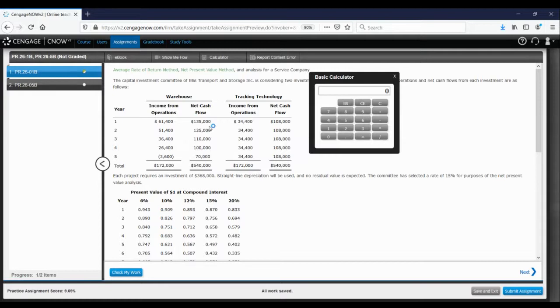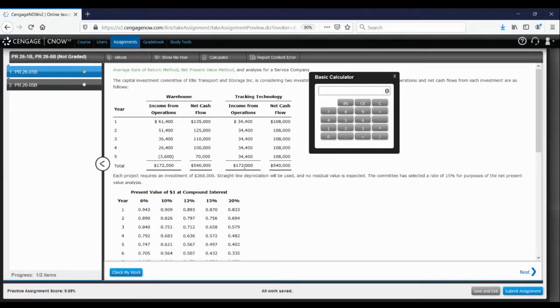So you're going to need to read your problem to see what the selected interest rate is going to be for the net present value analysis. The interest rate is 15%.